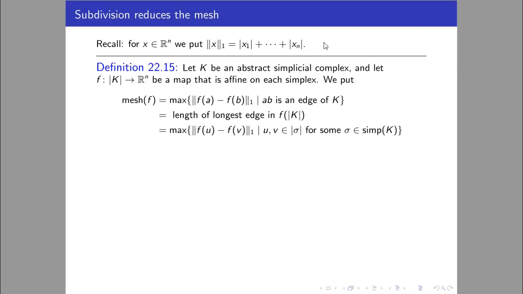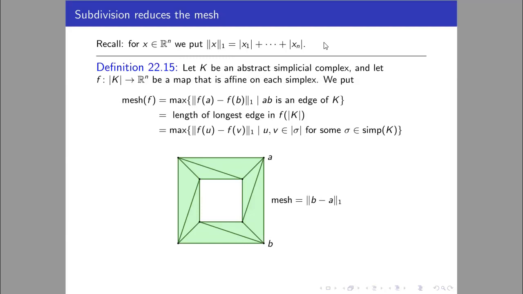That's just the same as saying, you've got some affine simplex in Rn, and you want to look at the maximum possible distance between any 2 points in that simplex. Well, you just take the longest edge and the distance between the ends of the longest edge. That's the maximum possible value of the distance between any 2 points in the simplex. That should be geometrically reasonably clear. We'll leave a formal proof to the reader.